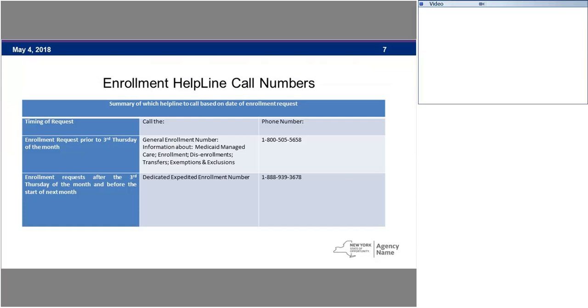The 505 number, as I said before, is our general enrollment number, where we give out information about Medicaid managed care and talk about enrollments, disenrollments, transfers, exemptions, and exclusions. After the third Thursday of each month, if you want that expedited enrollment, you call the 888-939-3678 number.